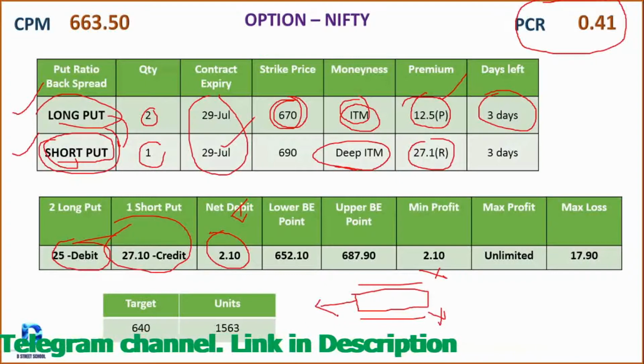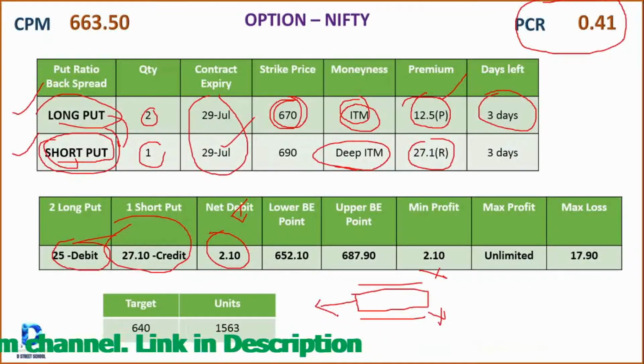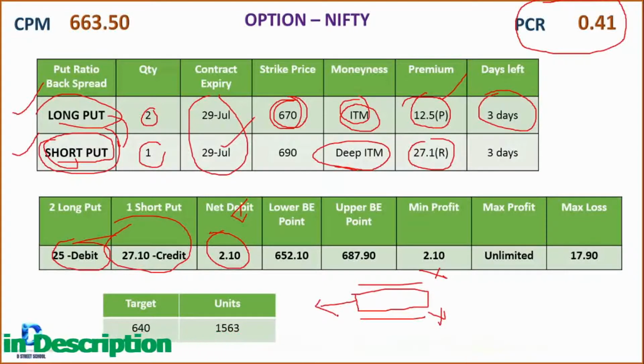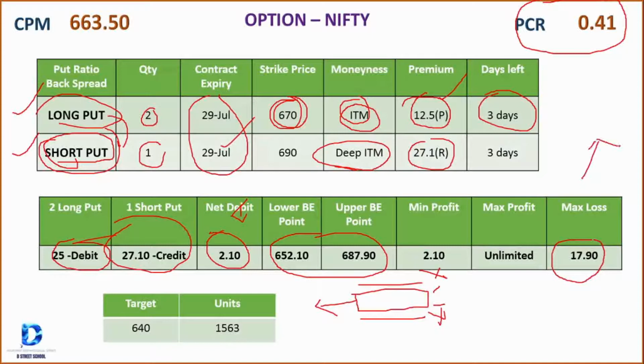But in what range? We have to know that. If the market stays in a particular range, we will incur a loss. So that is the range: between 652.10 and 687. If the price closes in this range, we will incur a loss. The maximum loss would be 17 rupees 90 paise of premium. Again, this is the range in which we incur a loss.